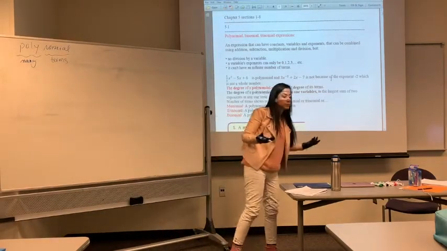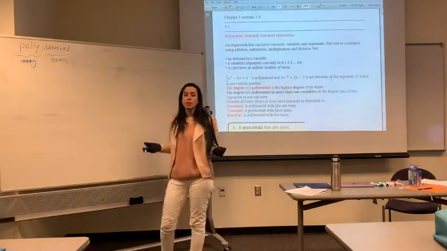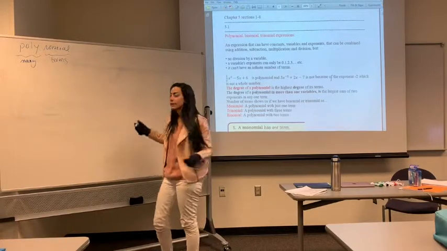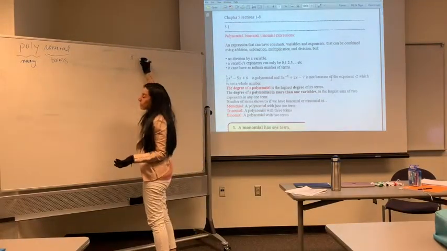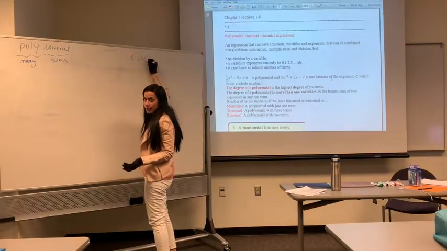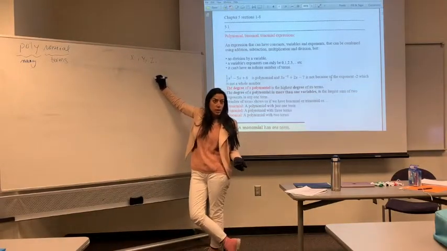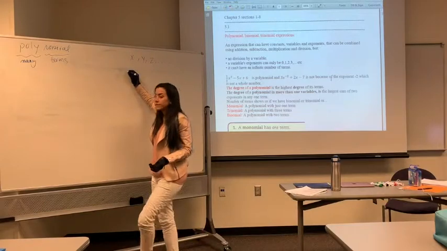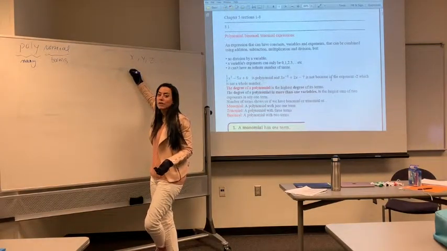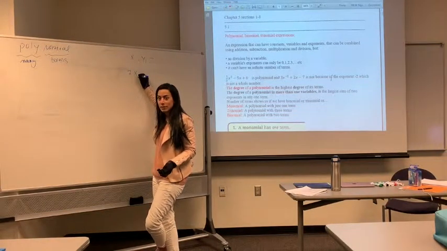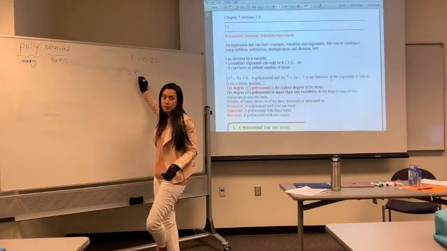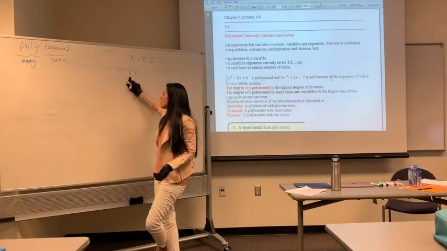So what are the terms? We already know what is variable, right? Variable, we show variable with x, y, z, correct? These are the variables. And then sometimes these variables can have coefficient. For example, 2x, correct? 2 is the coefficient of variable.